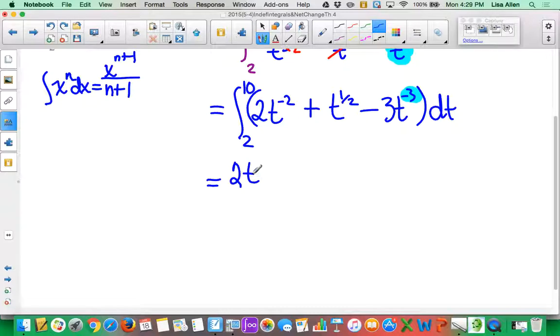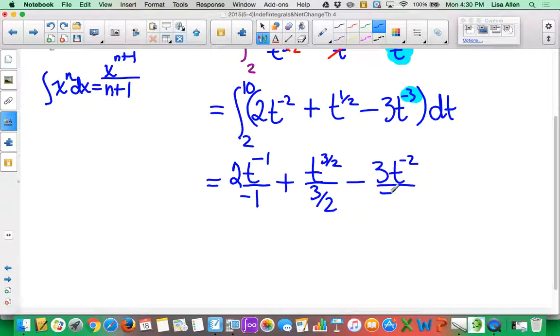So we have t to the negative 2 plus 1 is negative 1 over negative 1, plus, moving on, t to the 1/2 plus 1 is t to the 3/2 over 3/2, minus 3t to the negative 2 over negative 2. And then we, of course, will evaluate that from t equals 2 to 10.